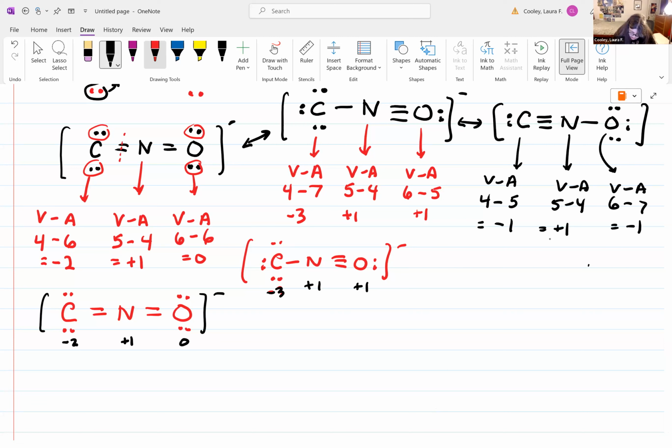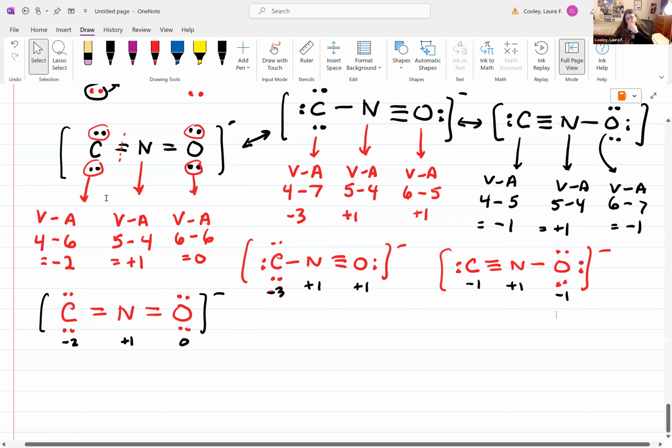So that one is... Okay, and notice they all add up to -1 as well. And these are all resonance forms.